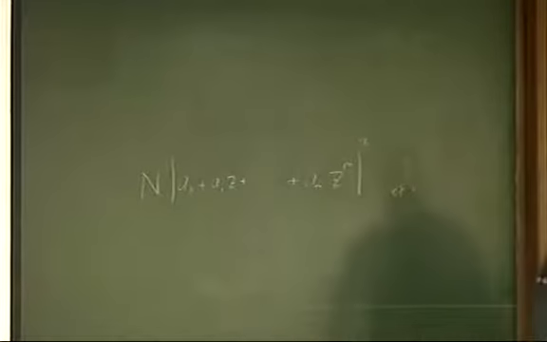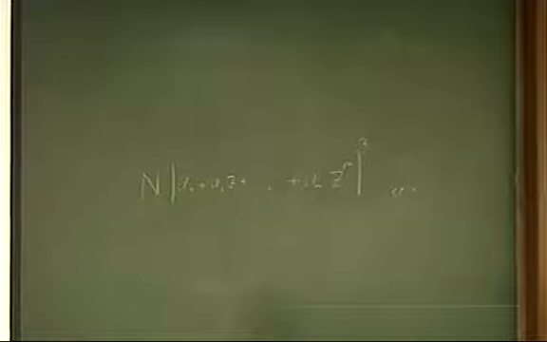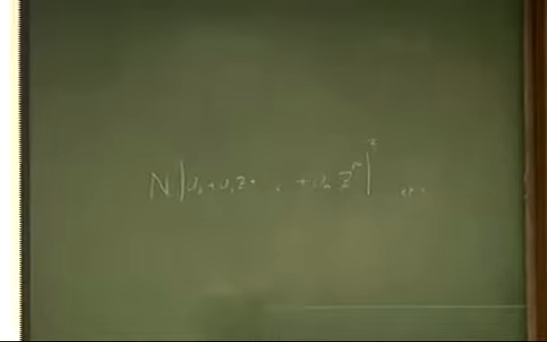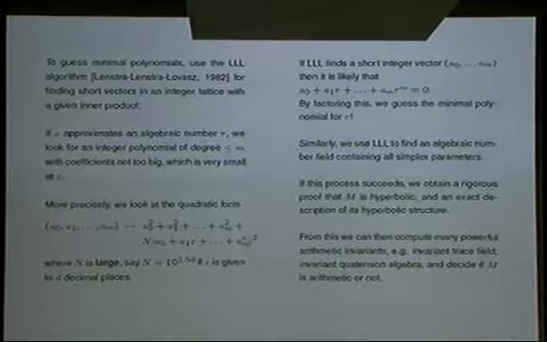So what's the idea? If this thing is small, first of all, it means that this part is small, and that means that your z satisfies this polynomial to some high accuracy. This other part is there to try and make the size of the coefficients small as well. So that's some sort of quadratic form or Hermitian form on this integer lattice.